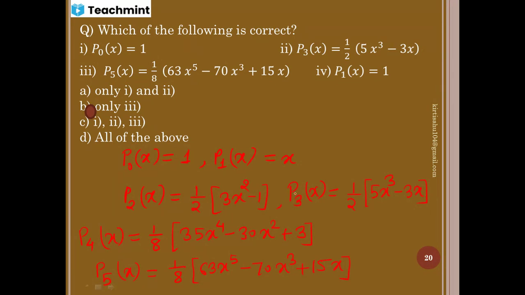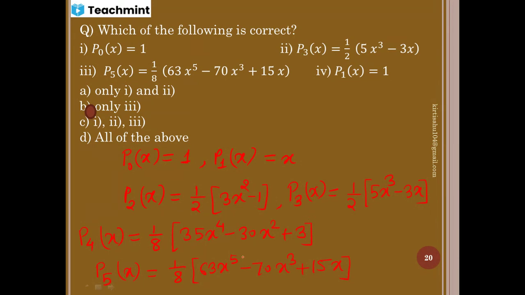Okay. Now P3. P3 is odd, right? So you will find highest power term as x cube with certain coefficient obviously. But apart from this, you will find another term with odd power. What is that? x power 1. Here we have power 4. So highest power 4, then 2, and then 0.